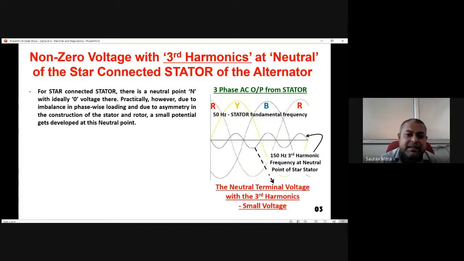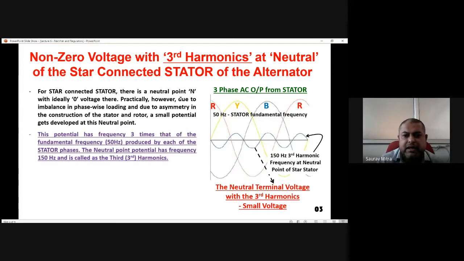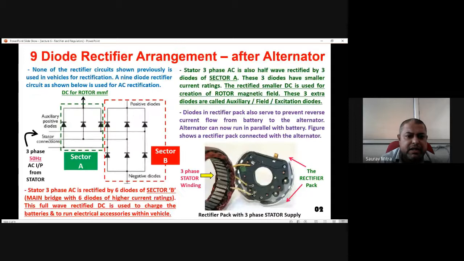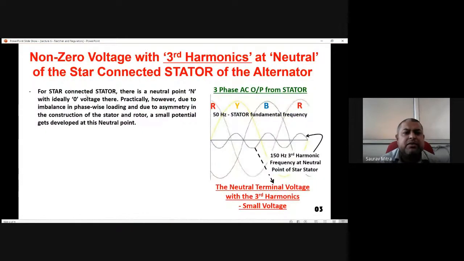For a star connected stator, there is a neutral point N. I will be showing you the image later on. With the star connected stator, there are three phases and one neutral, and ideally the neutral should have zero voltage. But practically, due to the imbalance in the phase-wise loading and due to asymmetry in the construction of the stator and rotor, a small potential gets developed at the neutral point.